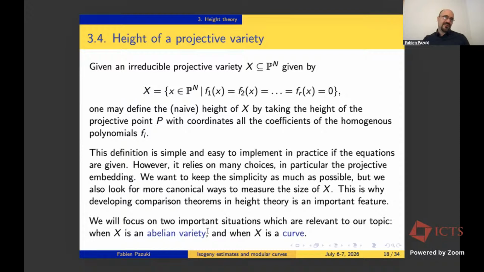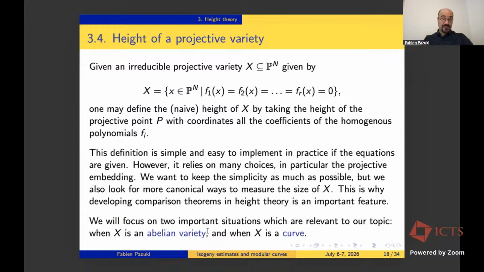And then very often, as you will see, we have access to information about the modular curve by taking first some steps to understand its Jacobian. So to each curve, we can construct an abelian variety naturally associated with it, which is called the Jacobian. It's an abelian variety that has dimension equal to the genus of the curve.